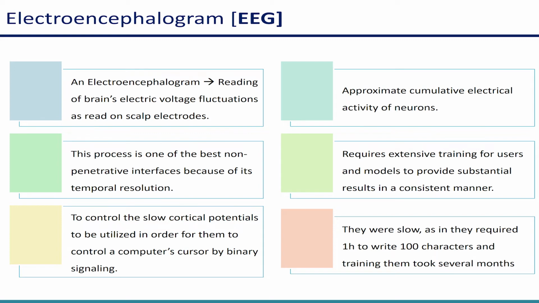Here, as we have heard EEG so many times, now we are going to talk about what EEG really means. EEG is the electroencephalogram. It reads the brain's electric voltage fluctuations as recorded by skull electrodes. It gives the approximate cumulative electrical activity of our neurons, how much fluctuation happens in our neurons when we think something, or sense something like seeing, hearing, tasting or touching.